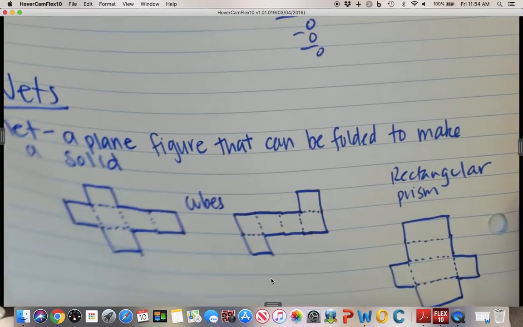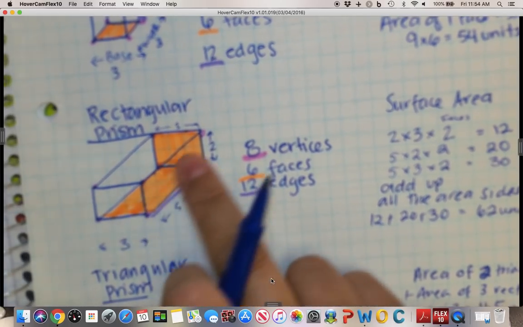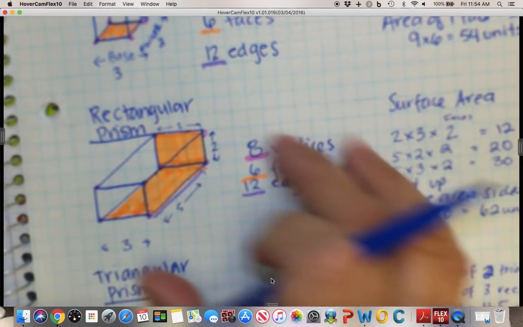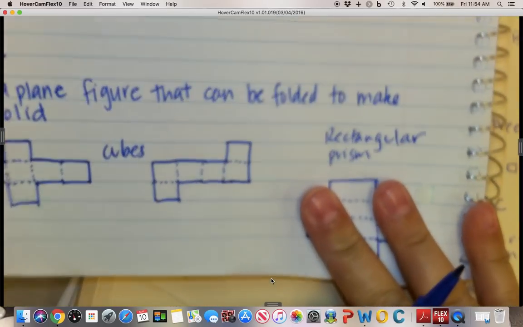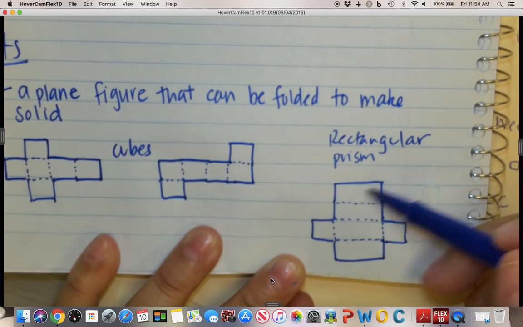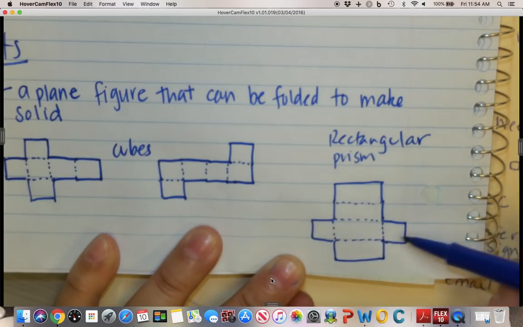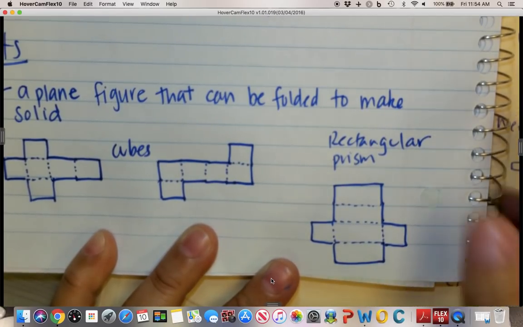And we know that a rectangular prism, I'm going to go back, has 6 faces. Remember, 4 of those faces are long and rectangular, and 2 of them are short and rectangular. So as you can see in this drawing, we also have 6 faces, 1, 2, 3, 4 of the longer, and 2 of the shorter. All right, that's it.